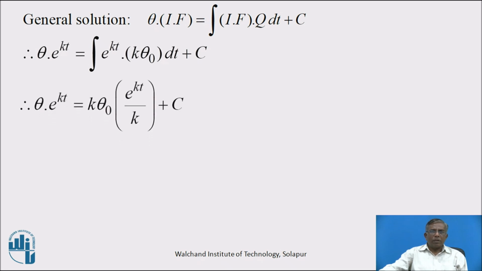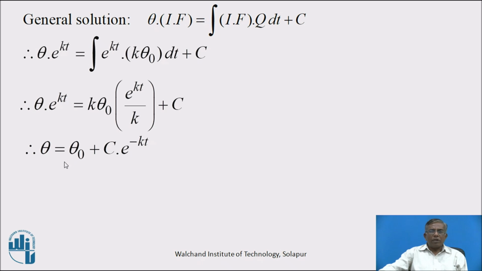Therefore, theta into e power kt equal to, on the right hand side, k into theta naught, the constant taken outside, and integration of e power kt with respect to t is e power kt upon k, plus c, the constant of integration.